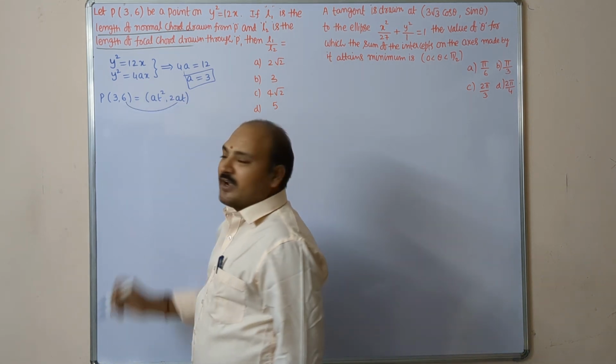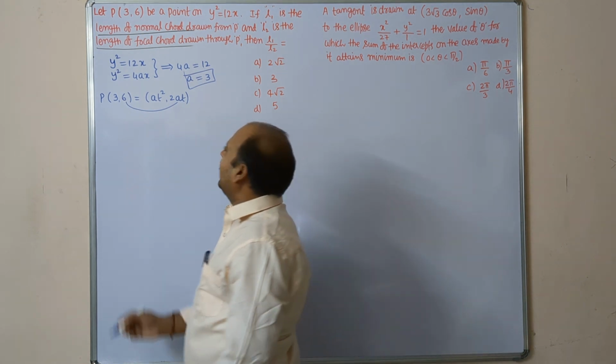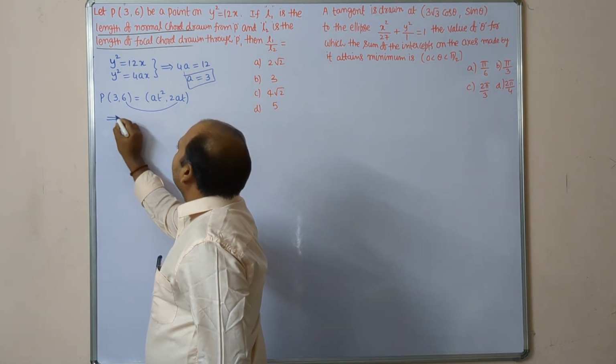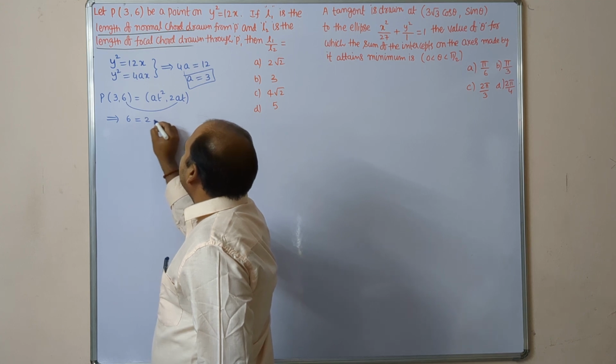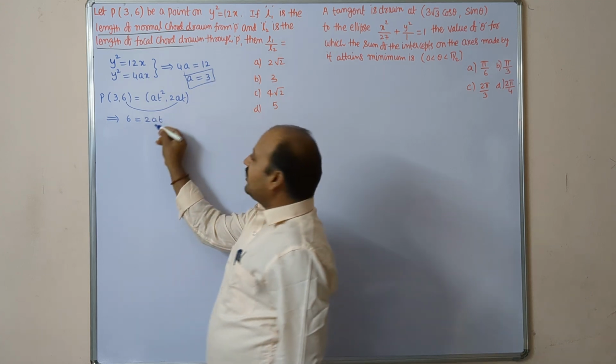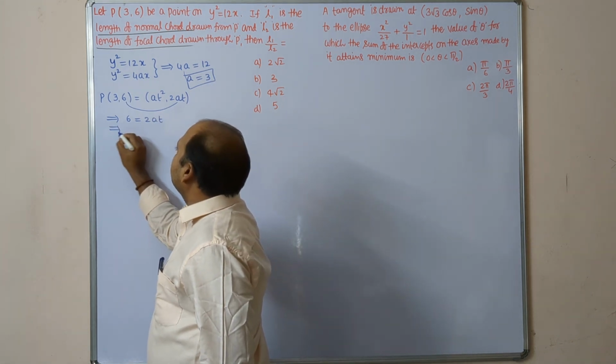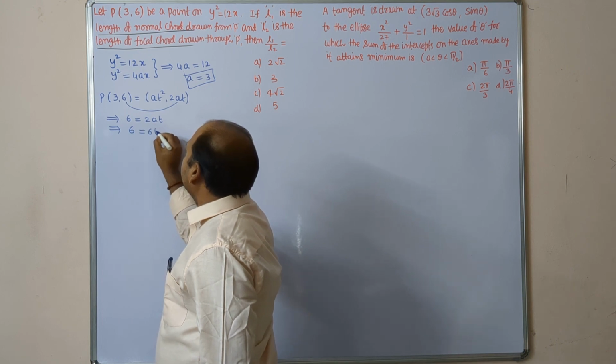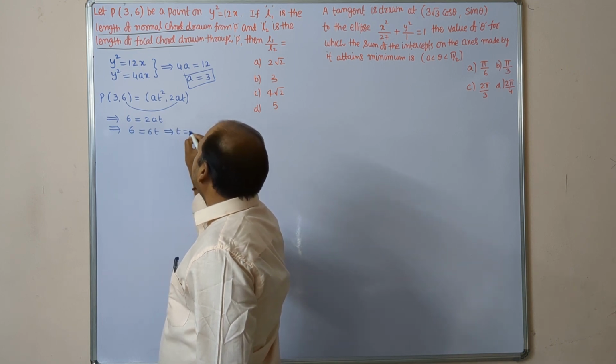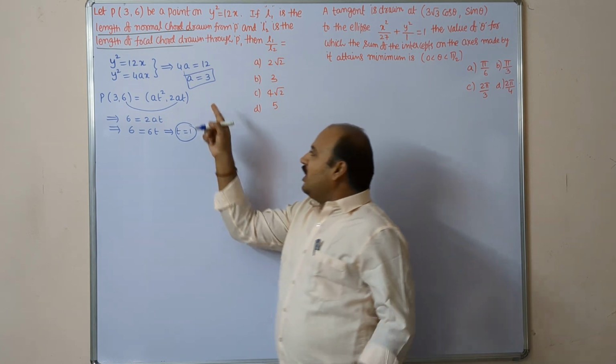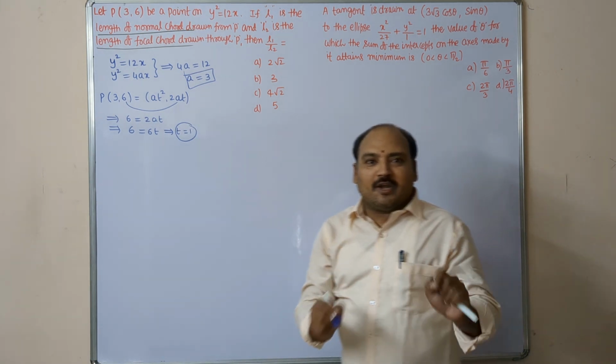So either x coordinates or y coordinates you have to equate. So you will get 6 is equal to 2at. The a value 3 substituted here, so 6 is equal to 6t, that implies t is equal to 1.